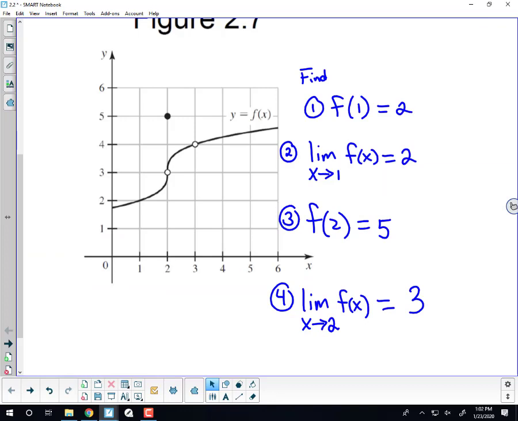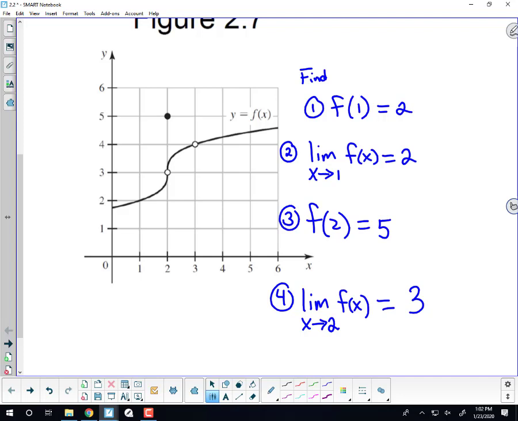We're in 2.2, and really the only thing we've done here in 2.2 is talk about a preliminary definition of a limit, and then we looked at this graph here, figure 2.7, and we computed 4 different things here. The main idea was that the limit doesn't care if the function's defined at a particular location.